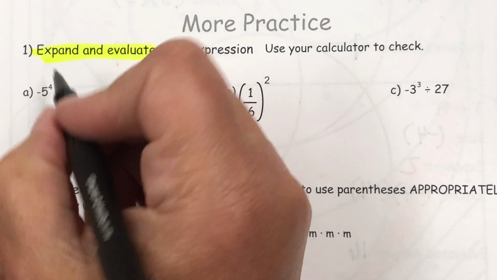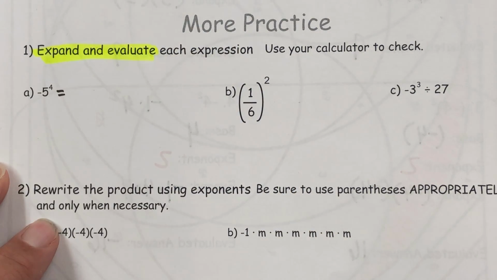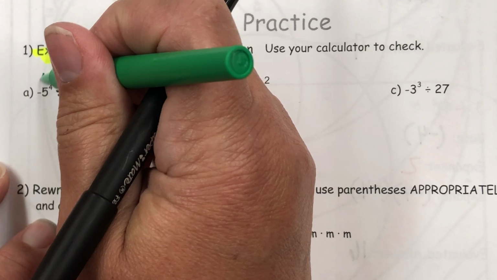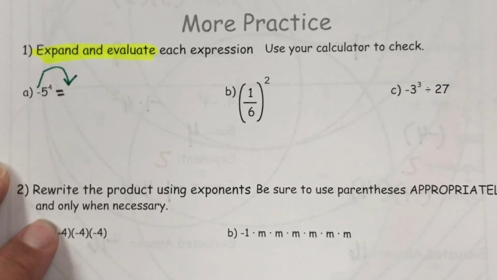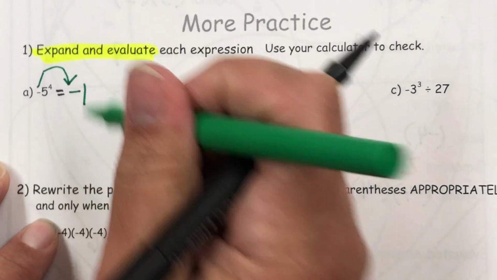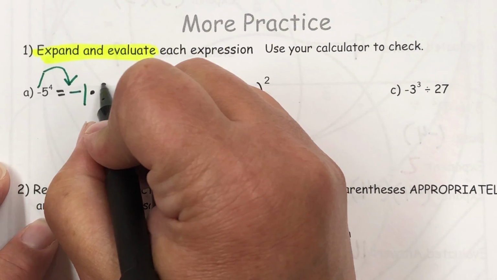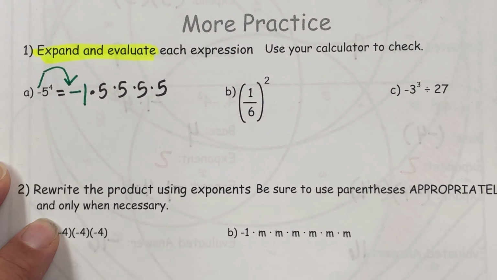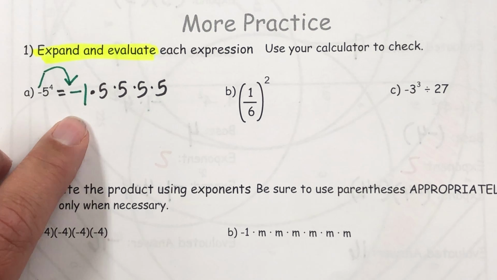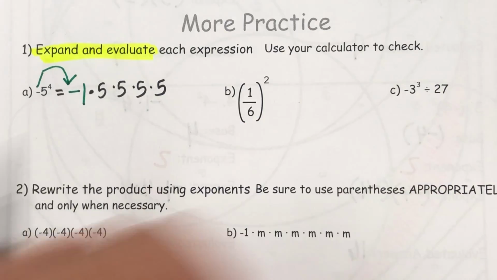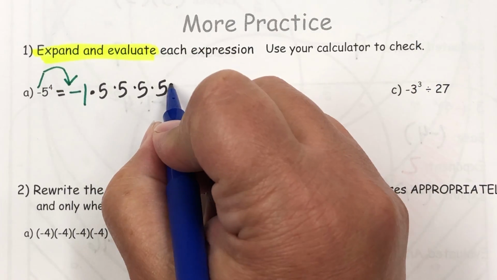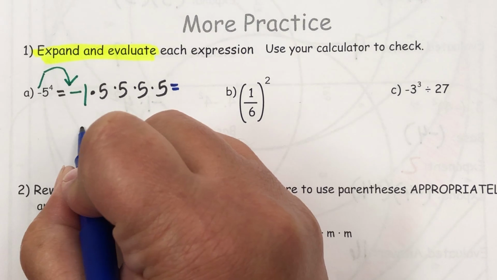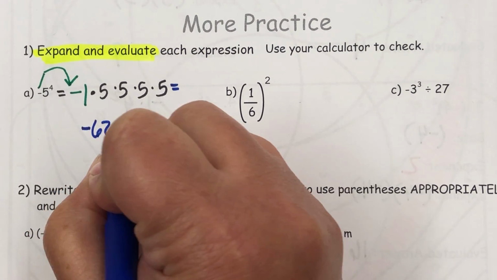So this, remember, that negative is really -1 times 5 times 5 times 5 times 5. Let's see, 5 times 5 is 25, times 5 is 125, times 5 is 625. -1 times 625. So when I finish this problem, I get -625.